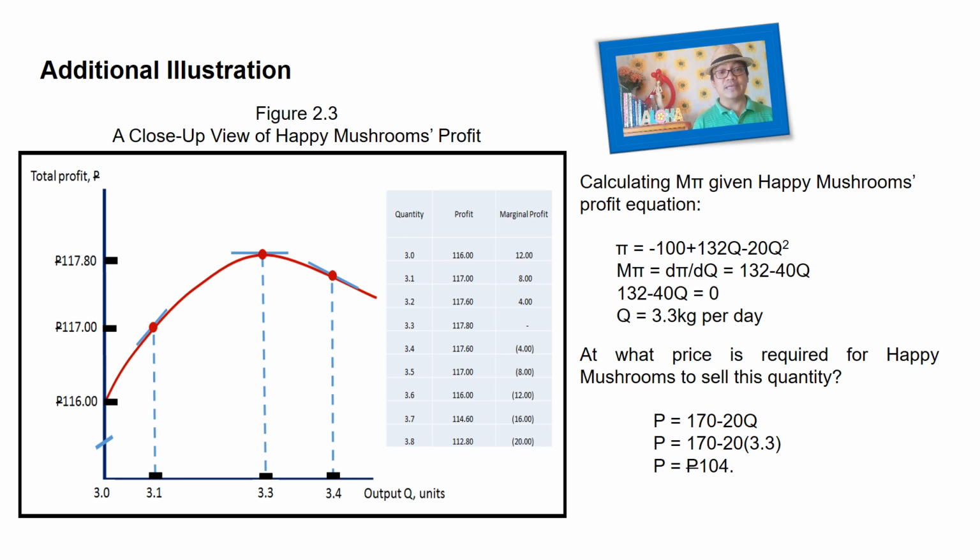So P is equal to 104 pesos. It is interesting to reiterate that at the optimum output Q equals 3.3 kilograms, total profit reaches a peak while marginal profit is exactly equal to 0.